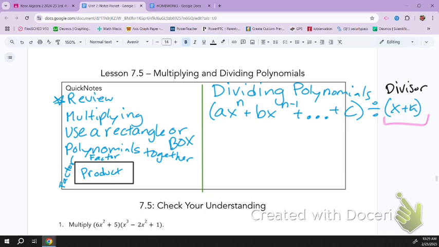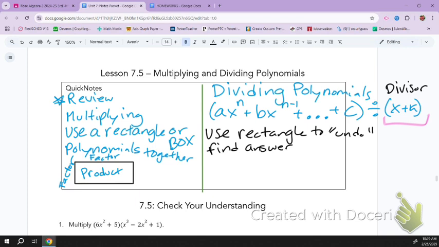Again, we're going to use a rectangle to undo this, to undo or reverse the box. And we'll find our answer comes out of the top of our box.